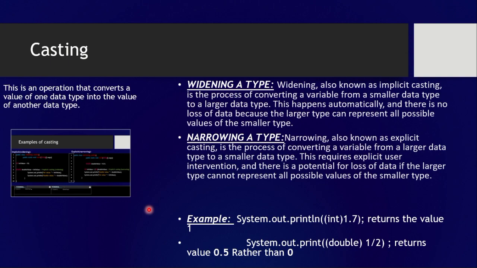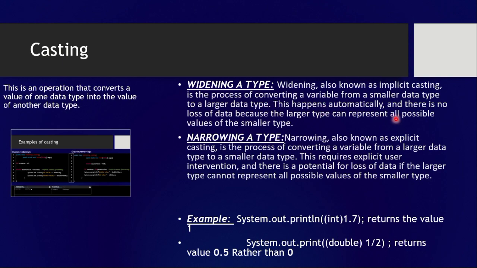Okay, before I end the video, first I need to talk about a concept known as casting. This is an operation that converts a value of one data type into the value of another data type. So we have widening a type, also known as implicit casting, which is the process of converting a variable from a smaller data type to a larger data type.